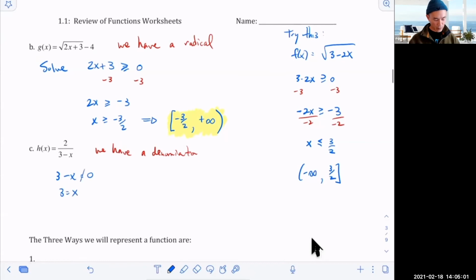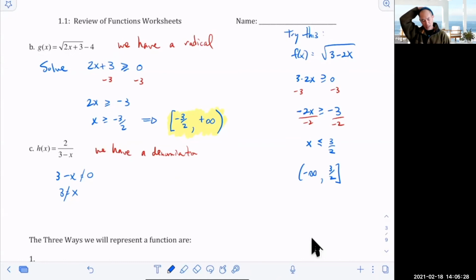But we don't want it to equal 0, so we put not equal to there. Okay. So I want to describe all of those numbers. How do we describe all these numbers? Well, if you were to say it in words, you'd say, I want all the real numbers except 3. You'd throw away the 3, right?